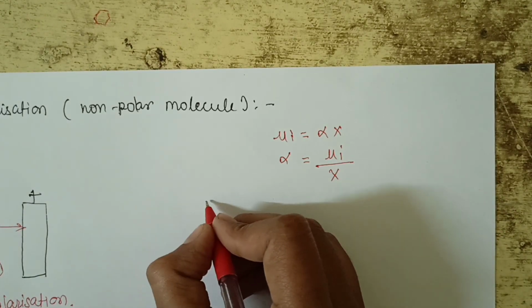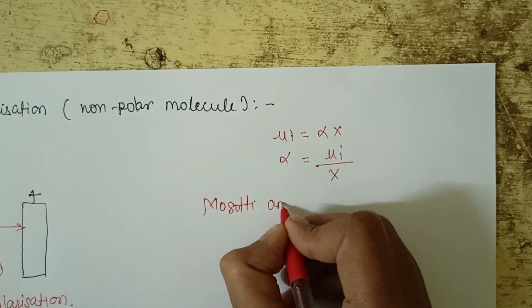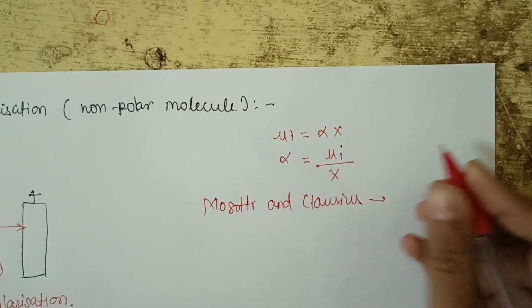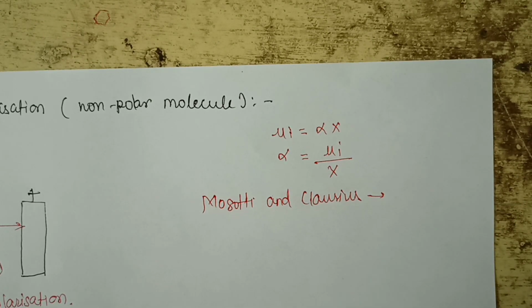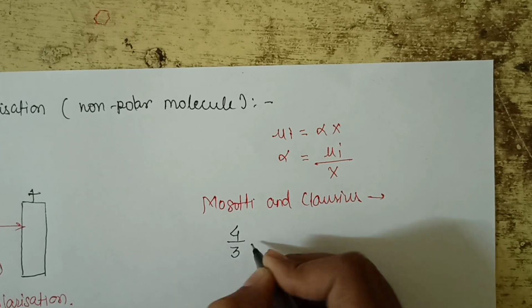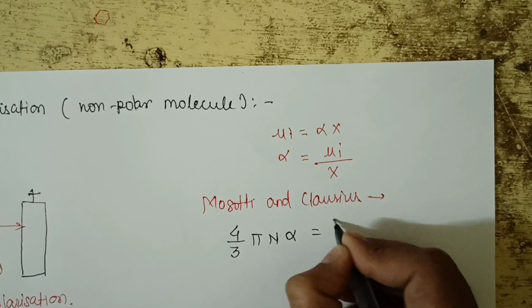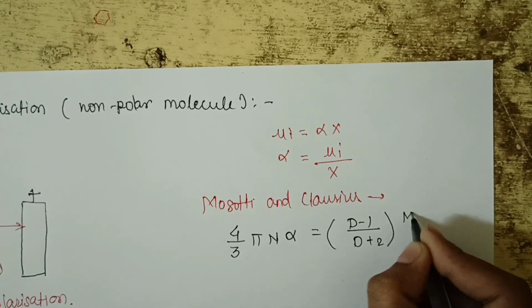Now two scientists, Mosotti and Clausius, showed that the polarizability alpha of the molecule depends on the dielectric constant D, and it is related by the expression 4/3 pi n alpha equals (D minus 1)/(D plus 2) times M upon d.